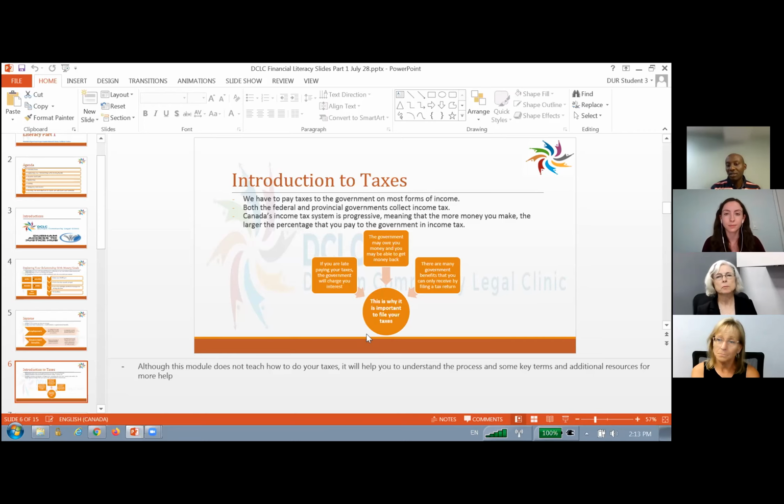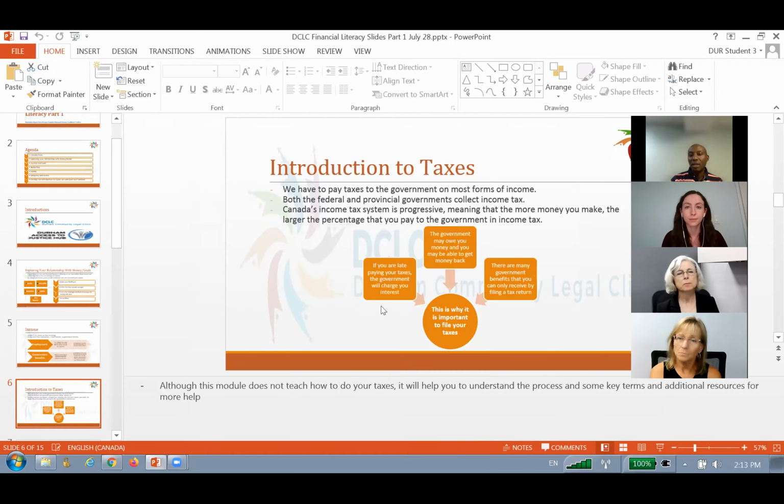That's why it's important to file taxes. We have various reasons. If you don't file taxes, it's a requirement by law and the government may charge you on the back taxes or taxes that you owe. On the other hand, the government may owe you money on the taxes that you have already paid on your income, mostly on the employment income, and you might be able to claw back some of these taxes when you file your taxes.